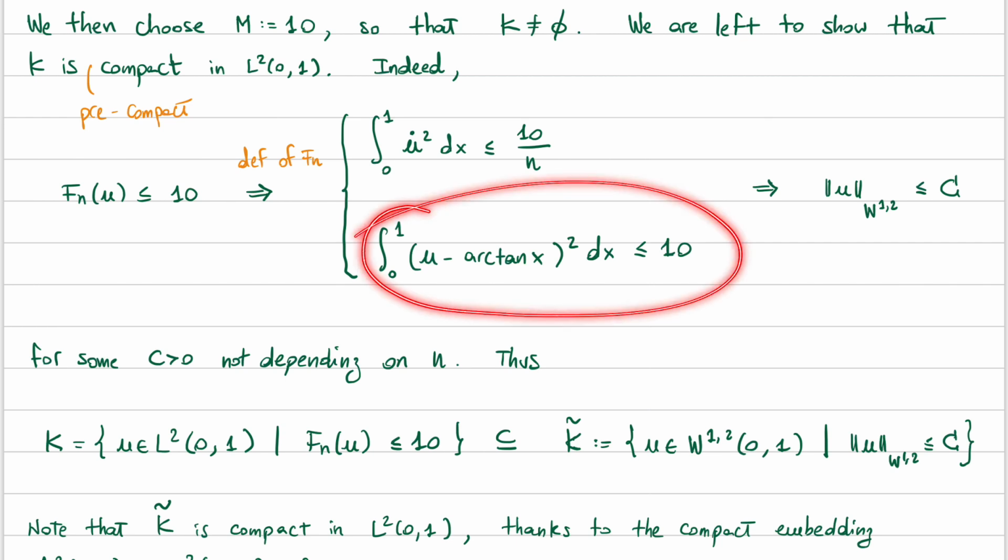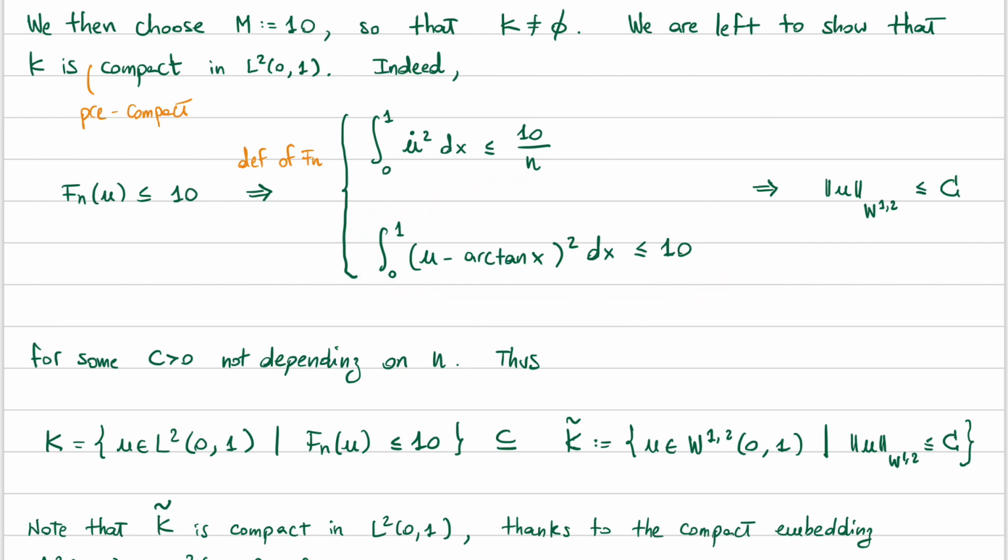And number two, you obtain this inequality here on u minus the arctan of x squared. This is telling you that u dot squared is bounded, because this is obviously less or equal than 10. And the second inequality is telling you that u is bounded in L2.